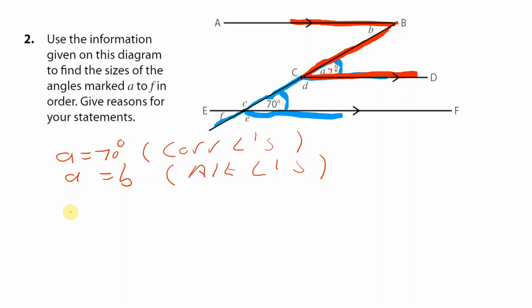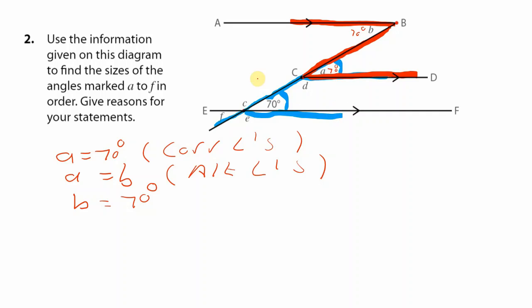But now we know A is 70 degrees, so therefore B, if that's equal to A and A is 70 degrees, it means B is also 70 degrees. So now we know this one is 70 degrees as well.